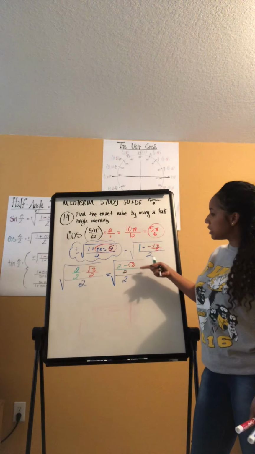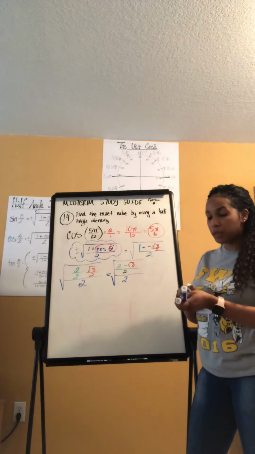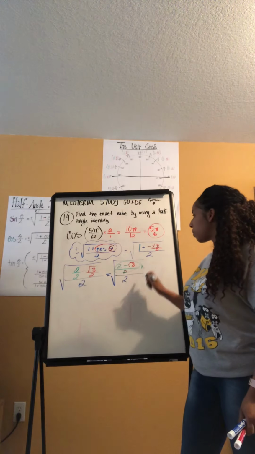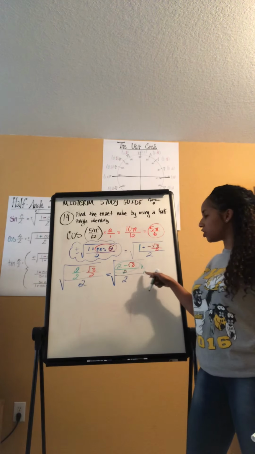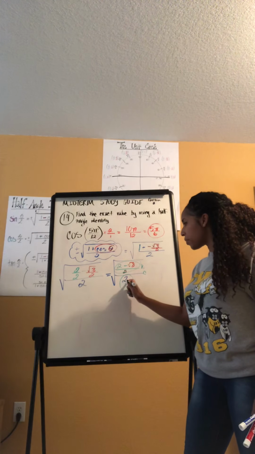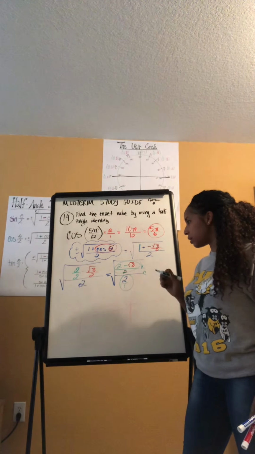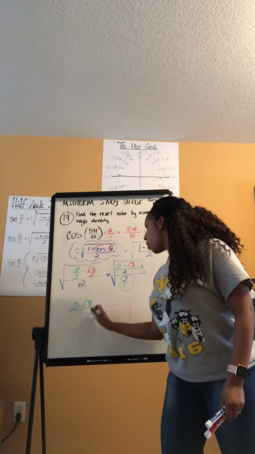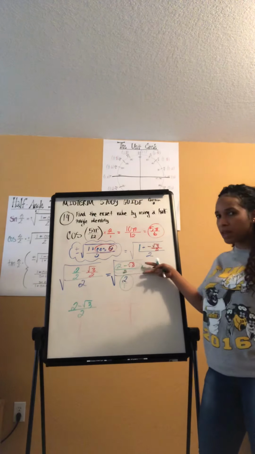Okay, fractions within fractions, I'm going to multiply by the reciprocal. I will keep the numerator, I will change the division to multiplication, and I will flip this over by putting a 1 underneath it. So my problem becomes 2 minus the square root of 3 over 2. That was the numerator that I kept.